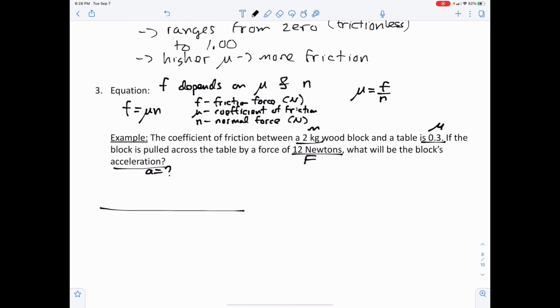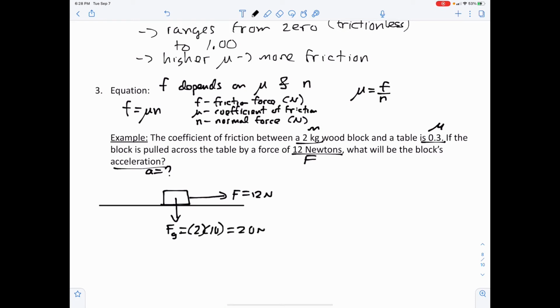Let's draw a picture of this. We have a surface. We have the block. It's being pulled with a force of 12 newtons. Since it's a 2 kilogram block, we have the force due to gravity, which is going to be 2 kilograms times 10, which would be 20 newtons.